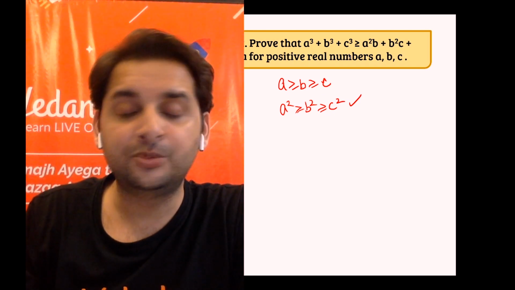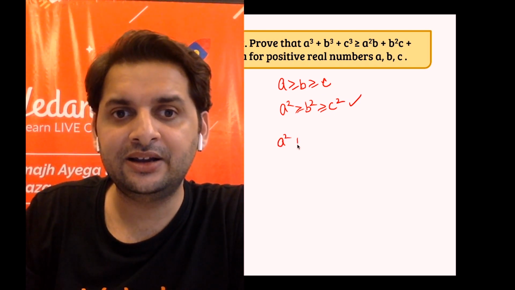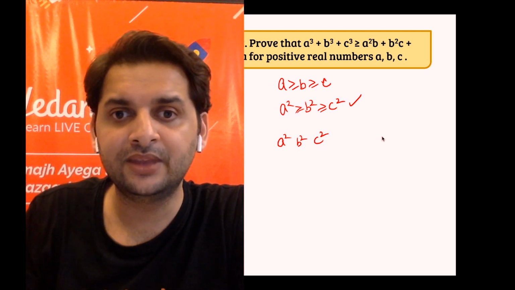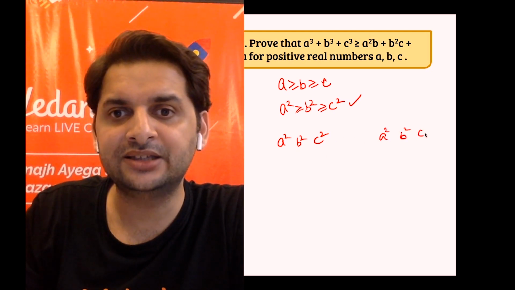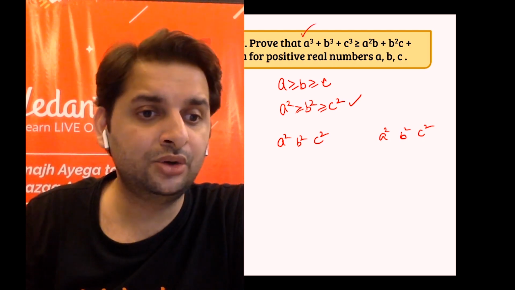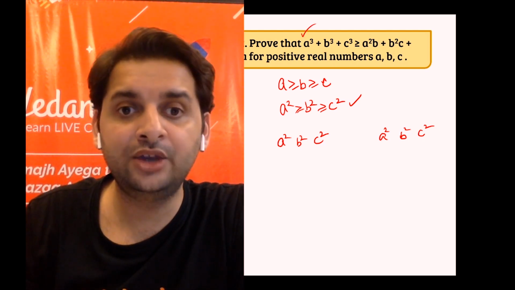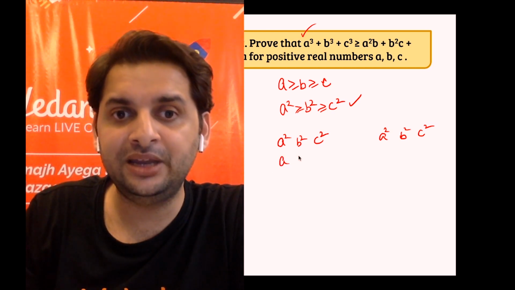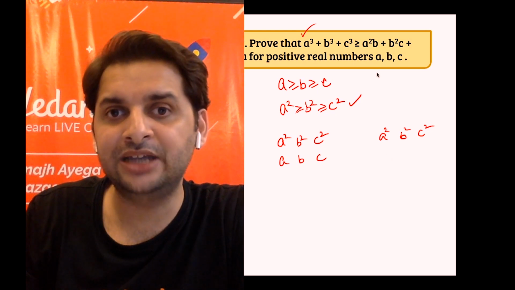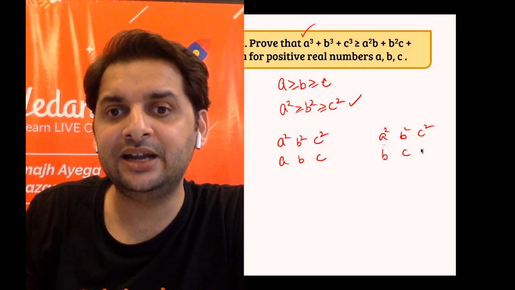Right. Now to prove this, I take one sequence as a square, b square, c square, which is in descending order, and put the same in this row. Now, just to look at what we have to prove, a cube, the other sequence would be a, b and c. On the right hand side, the order gets changed. So a square, we need b and c and a.